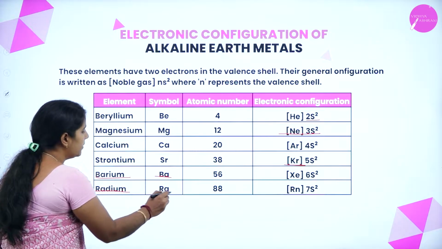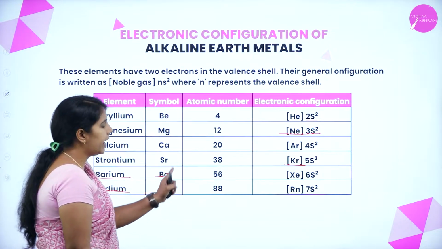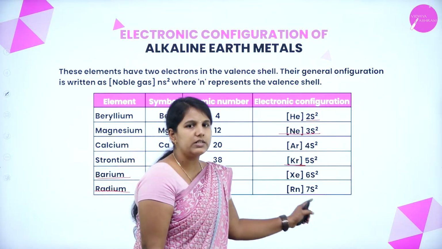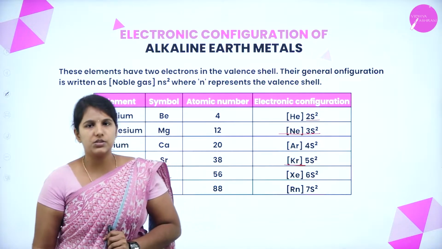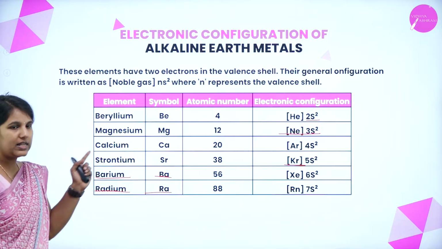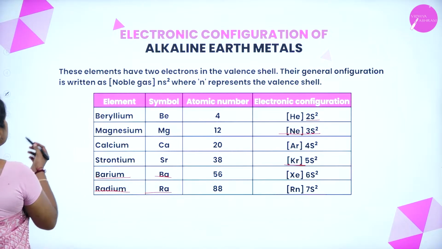Radium, represented as Ra, has 88 electrons and is represented as radon 7s2.